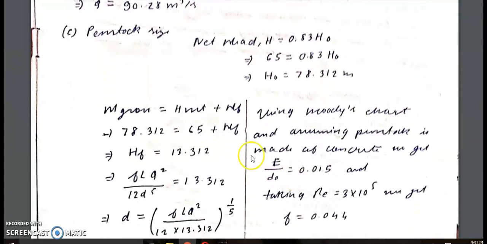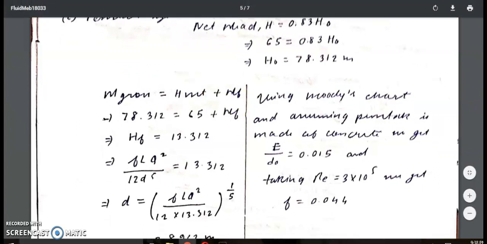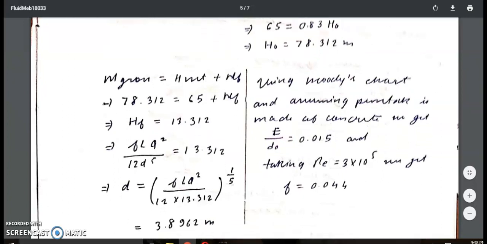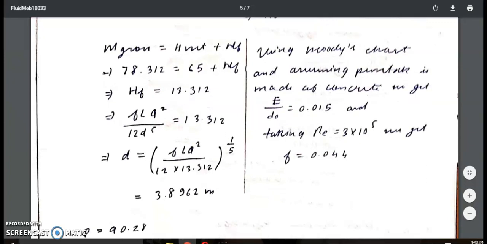So the gross head equals net head plus friction head, and we get the friction head as 13.312. So fLQ square by 12 D to the power 5 equal to 13.312, and we get the value of D as 3.8962 meter.